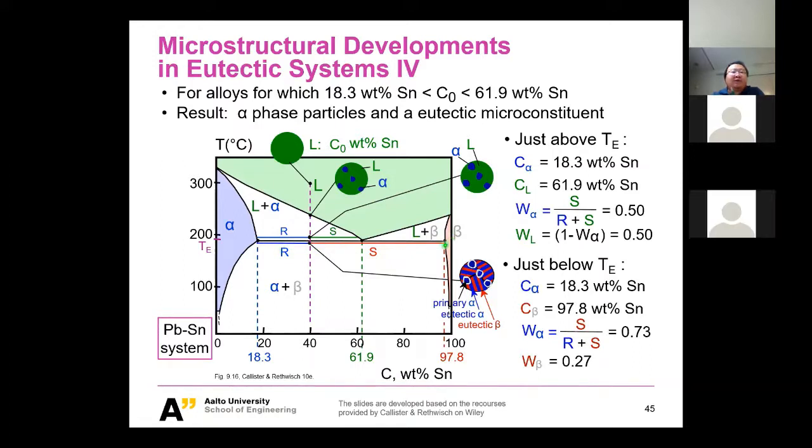You will get the alpha weight fraction by R divided by R plus S, and the beta fraction by S divided by R plus S. Then you get your overall volume fraction or weight fraction of alpha and beta phase. Just remember the alpha here includes both types, the primary and the eutectic alpha.